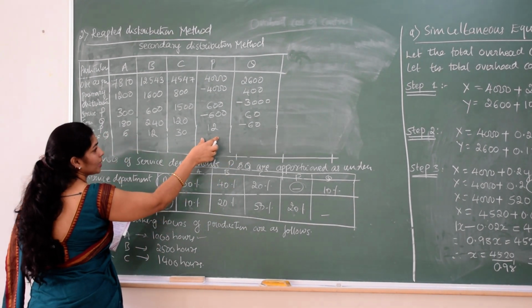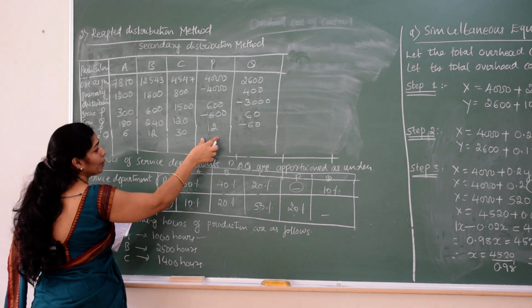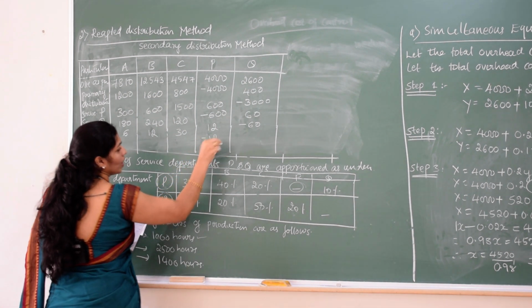Then you have to start with service department P, minus 12.